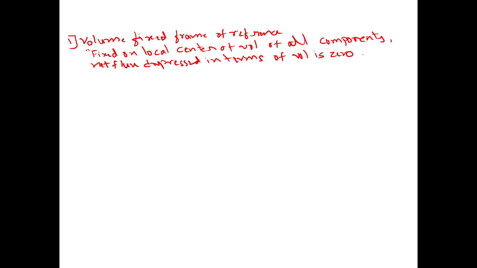So what is the meaning of this? Fixed on the local center of volume of all the components, the net flux expressed in terms of volume is zero.